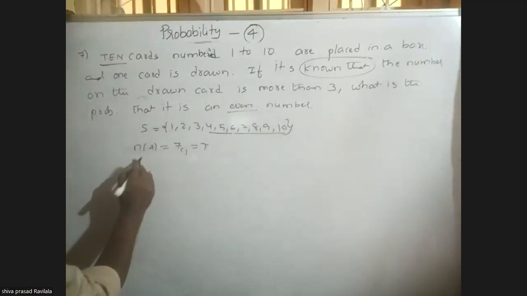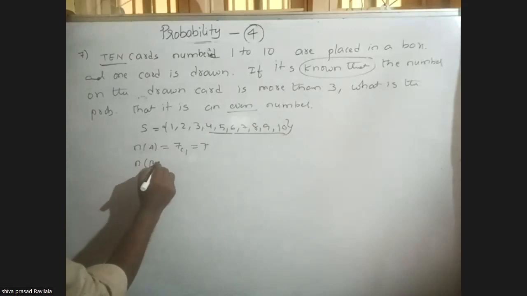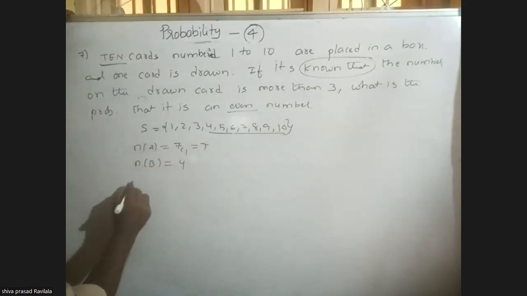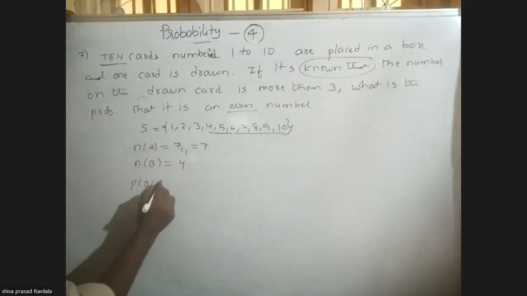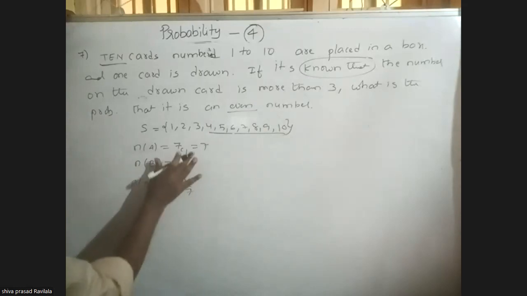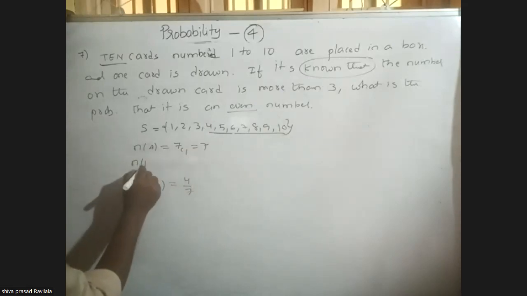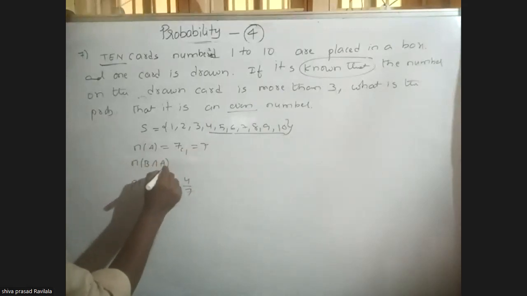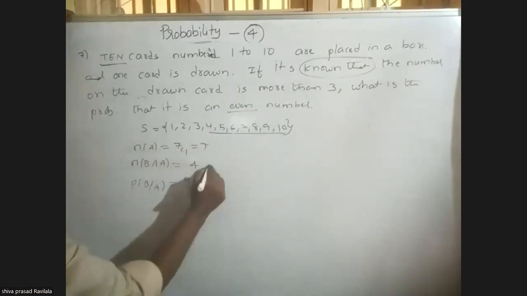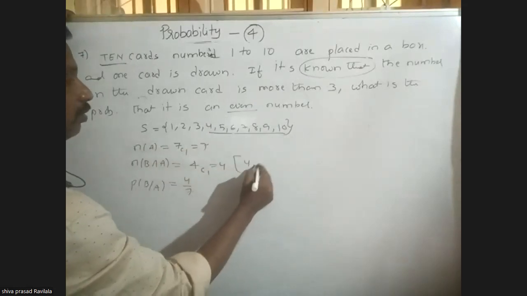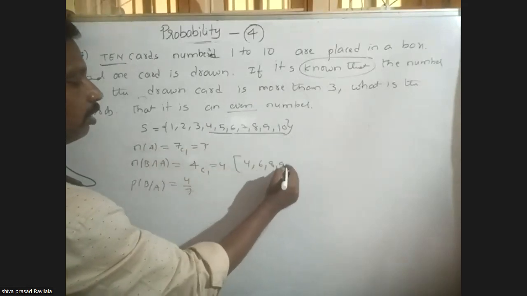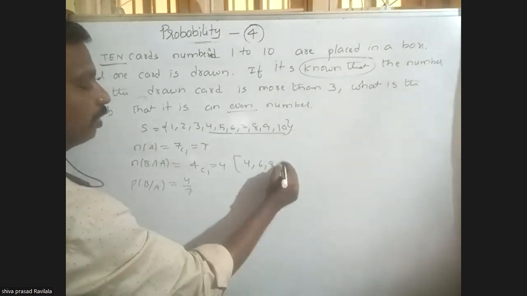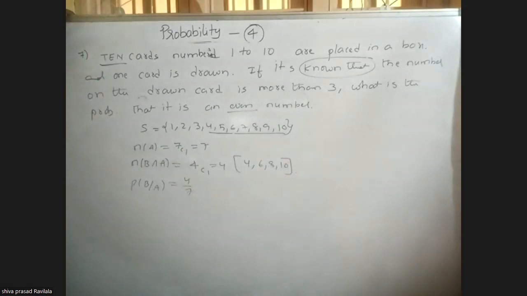Therefore n(B) is equal to 4. Probability of B given A is equal to 4/7. Those numbers are 4, 6, 8, 10, 4 even numbers.